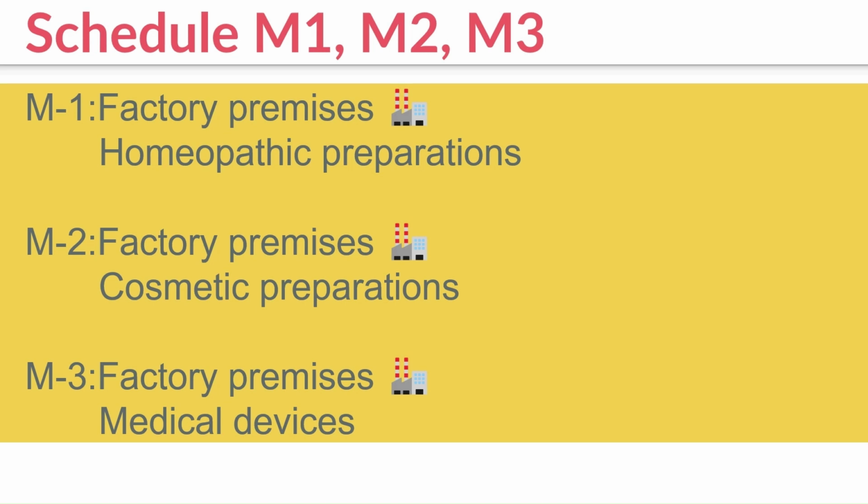And Schedule M3 is for medical devices. If you invert the letter M in a certain direction, you can form the number 3. From the shape of these numbers and letters, you can remember that M1 is for homeopathic preparation, M2 is for cosmetic preparation, and M3 is for medical devices.